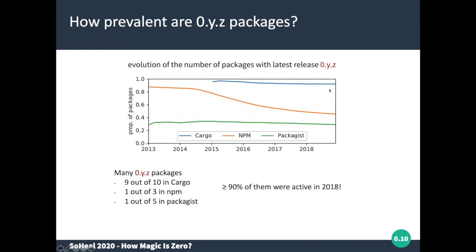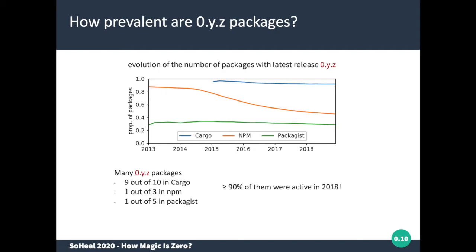Almost all package releases are still in the 0 version range. This is quite different from the other ecosystems. While in NPM it used to be the case a couple of years ago, the proportion of packages in the 0 range has been gradually going down until it reaches a level of 50% or so. For Packagist, it has always remained more or less stable over time at a level of around 30%.